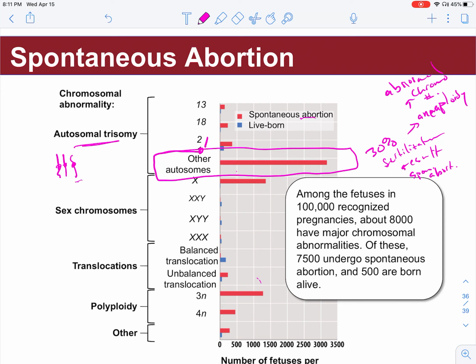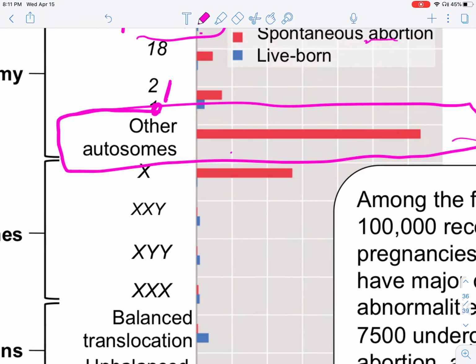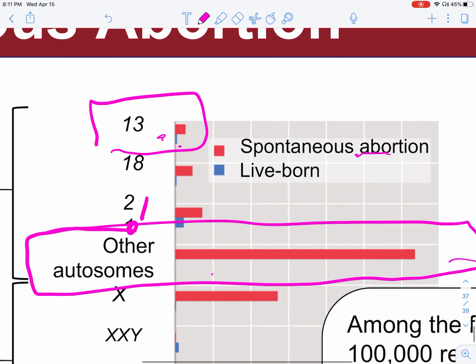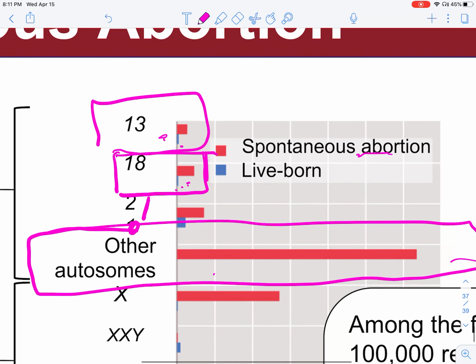Okay, so for the most part, we can't tolerate that. There are some chromosomes in which you can. So note trisomy in chromosome 13. Most of those result in spontaneous abortion, but there's a little sliver of blue here that indicates that there are some live births. In chromosome 18, you see the same. Most result in spontaneous abortion, but there are a couple that occur.